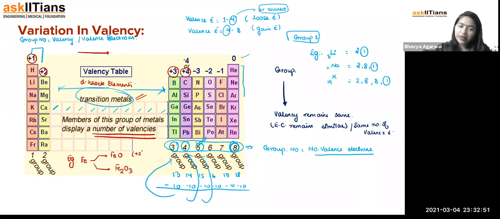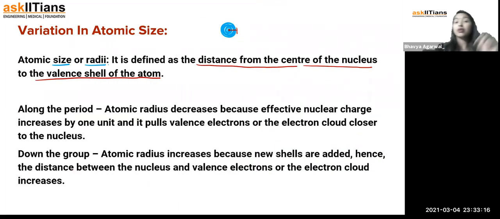So iron can be present in +2 state or +3 state. So there are two valencies possible. Same way for copper, you might have done +1, +2, and many other elements. Since they have a tendency to show a number of valencies, that is why we have not considered them. And they are known as transition elements, right?